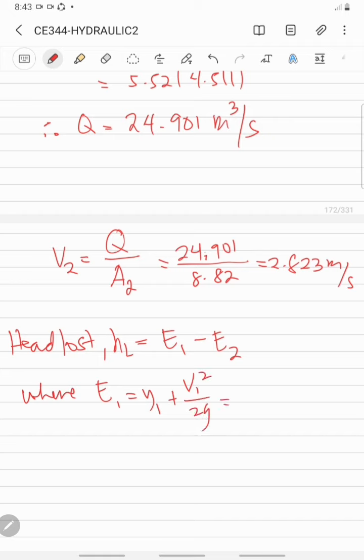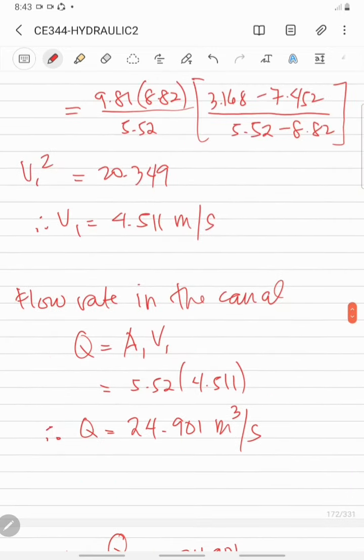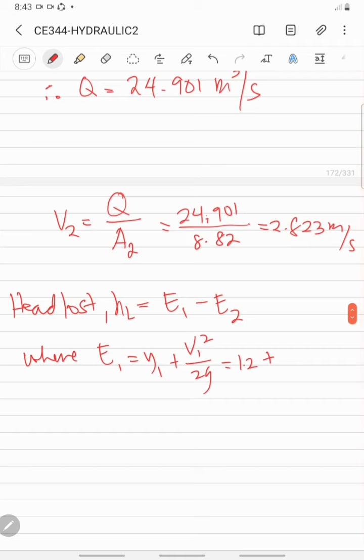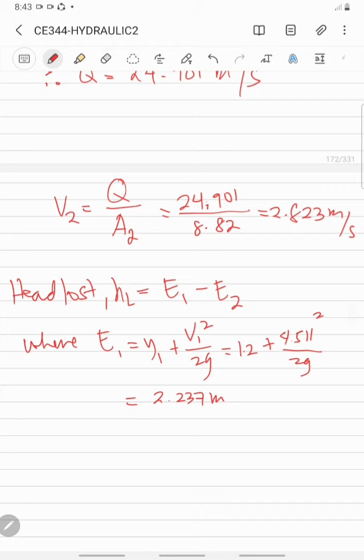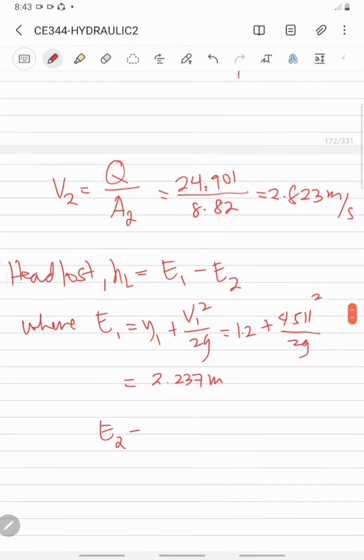So this is equal to 1.2 plus 4.511 squared divided by 2g, that is 2.237 meters.